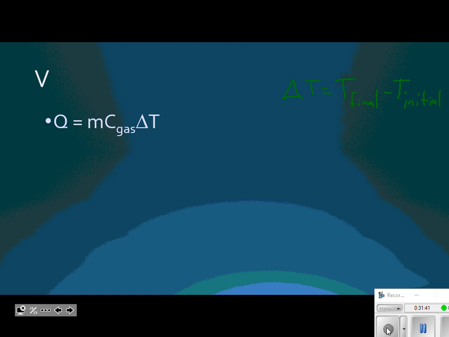Where did I start at? 105 degrees Celsius. In area 5, where do I end at? 100. Because that's where my phase change is. So what's 100 minus 105? My delta T is going to be negative 5 degrees Celsius.